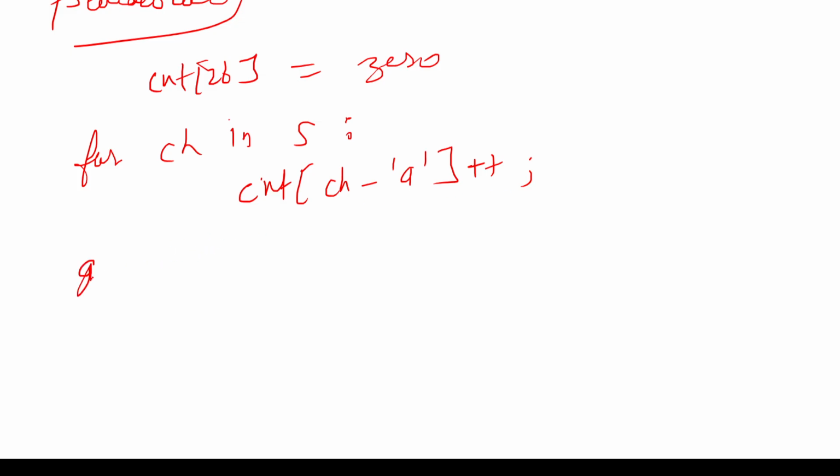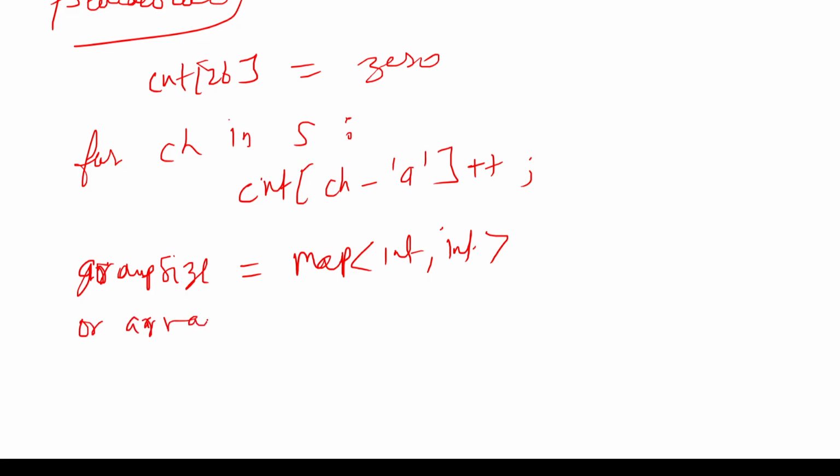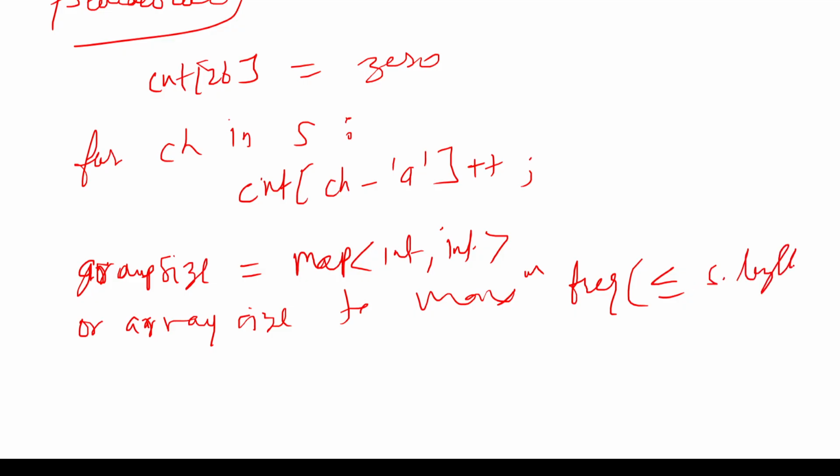Now you will do what? The group size is equal to what? We'll take a map of integer to integer, or we can say an array of size max frequency, which is nothing but less than or equal to s dot length. Can we say that? We can say that, right?